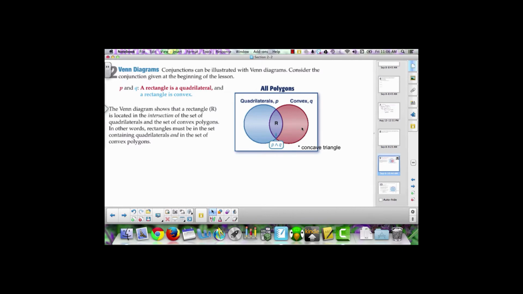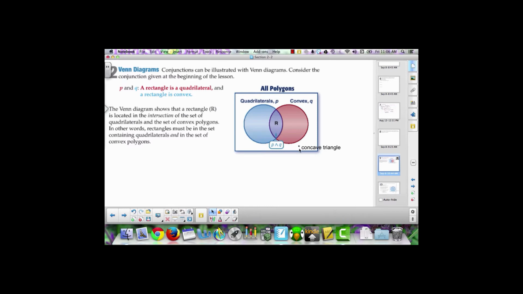This red circle represents the rectangle being convex. When those two combine, we get a rectangle is a quadrilateral and a rectangle is convex. This statement is true, so everything in the blue is true. This statement is true, so everything in the red is true. Therefore, the overlap is true also.